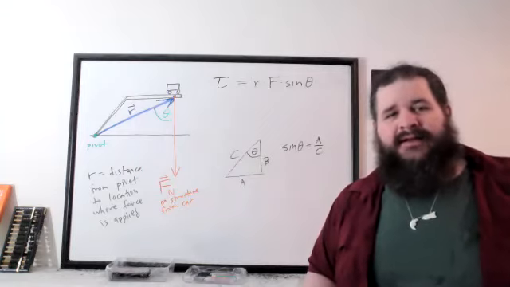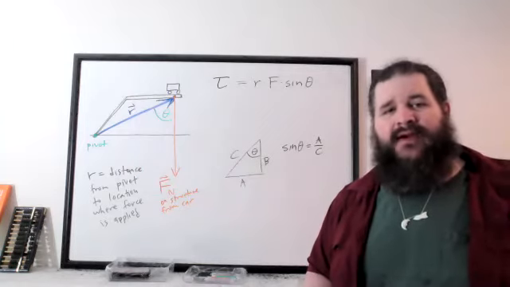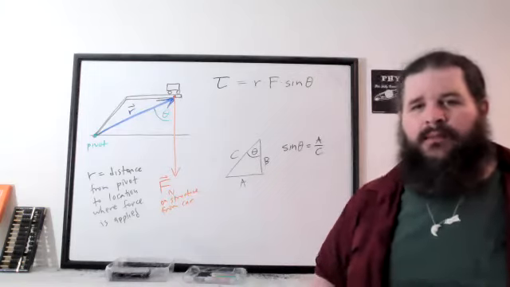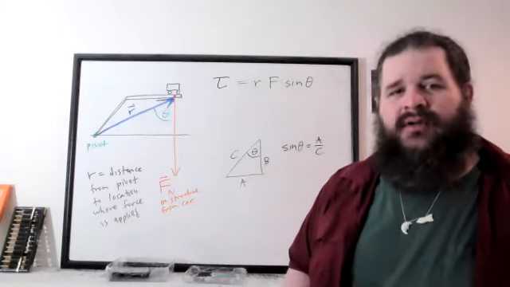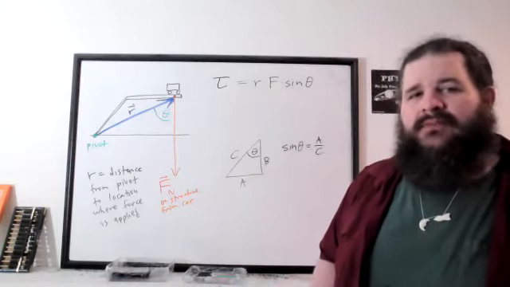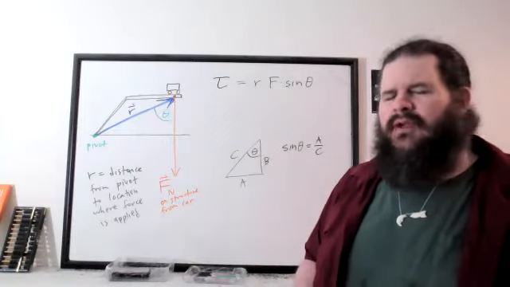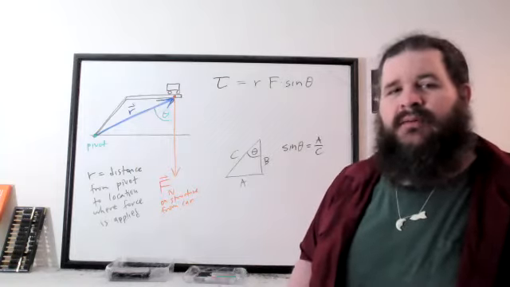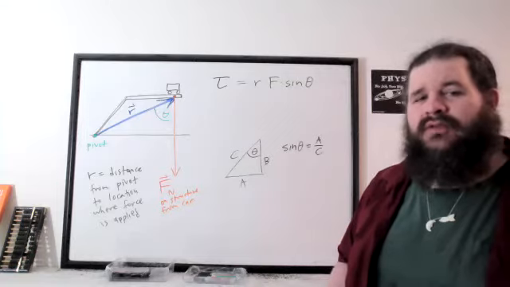And this right triangle idea suggests that it might be useful to split up the vectors into components. But it's not necessarily going to be x and y components as usual. We're going to be splitting one of the vectors into a component parallel and a component perpendicular to the other vector.